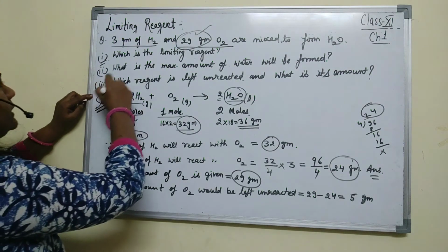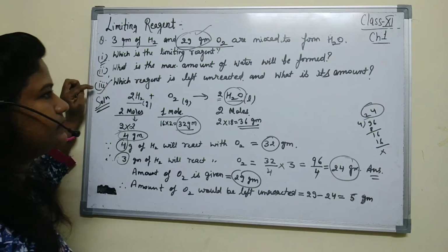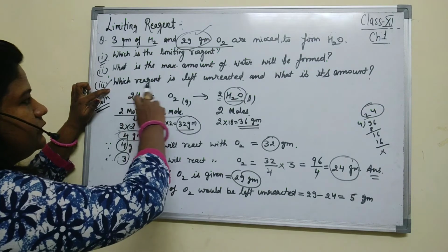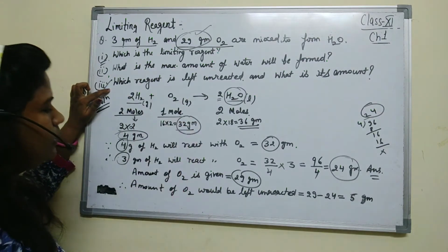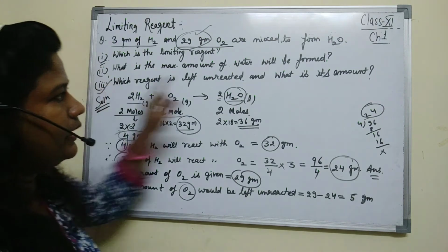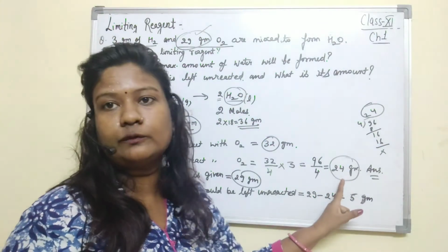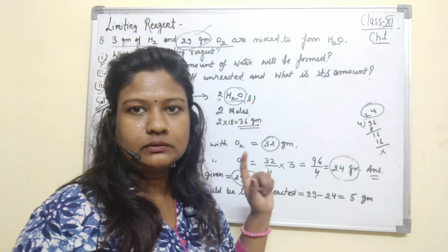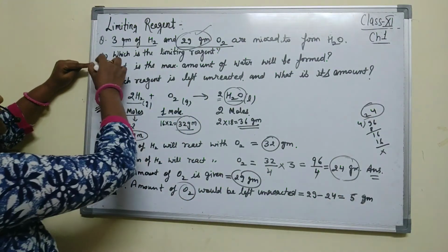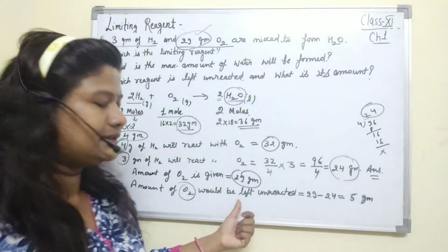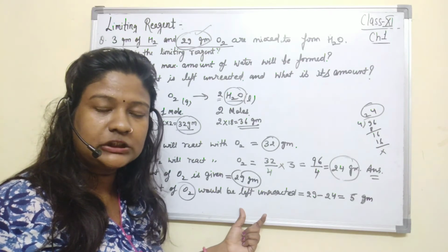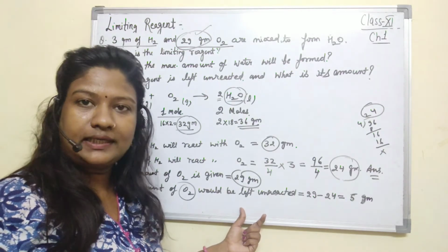Correct? So you are getting the answer of question third. Which reagent is left unreacted? O2 will be left unreacted, and the amount unreacted is 5 gram, while 24 gram is consumed. Okay, now answer of question first: O2 is left unreacted in the reaction, so it is known as the excess reagent.